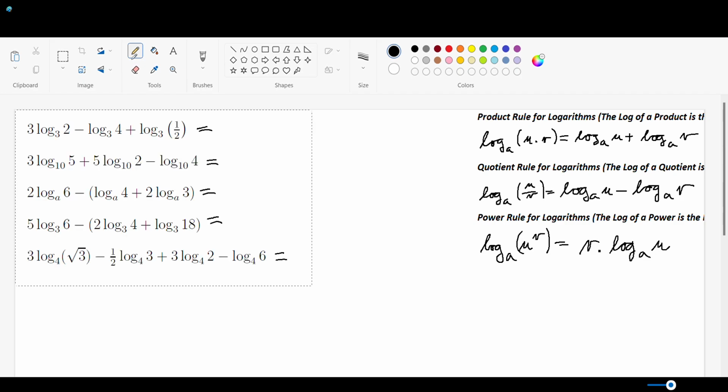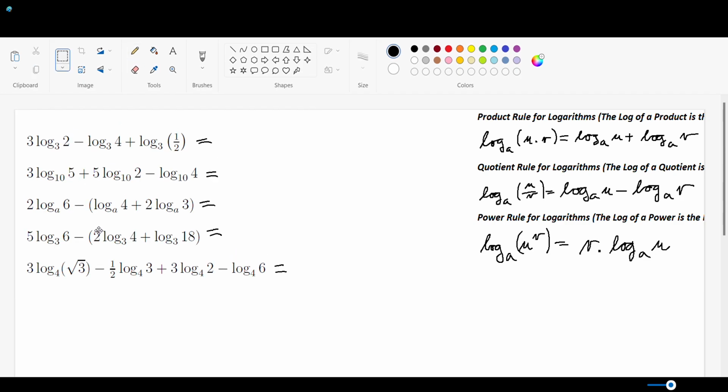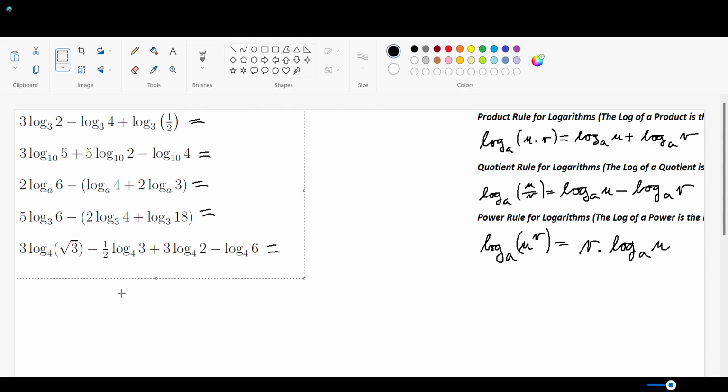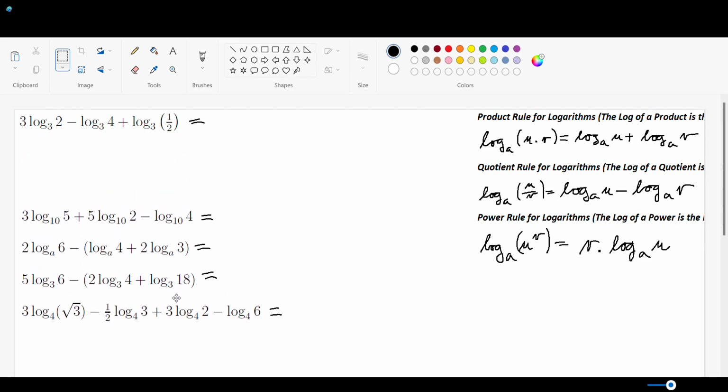Because if you were asked to find the values of these numerical expressions, it can be done very easily by applying the rules of logarithms.